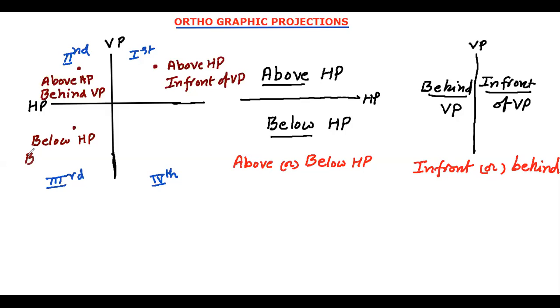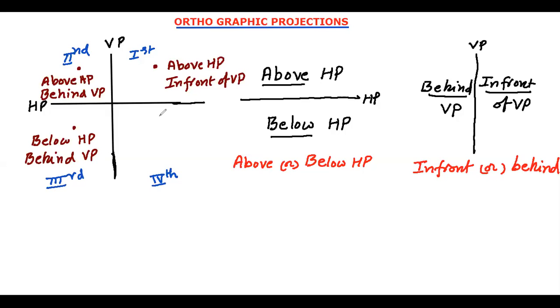So whenever a point lies in the third quadrant, it means that it is below HP and behind VP. Or if a point lies below HP and behind VP, it means that it lies in the third quadrant.